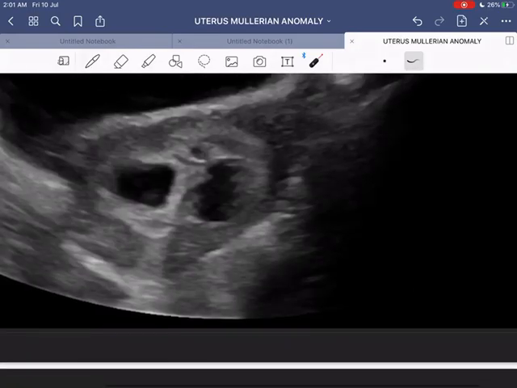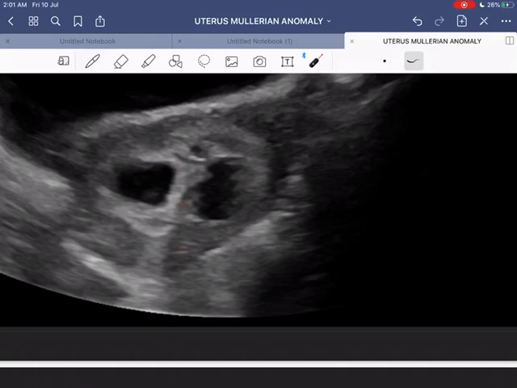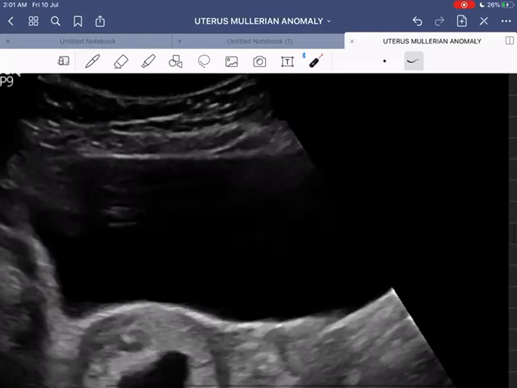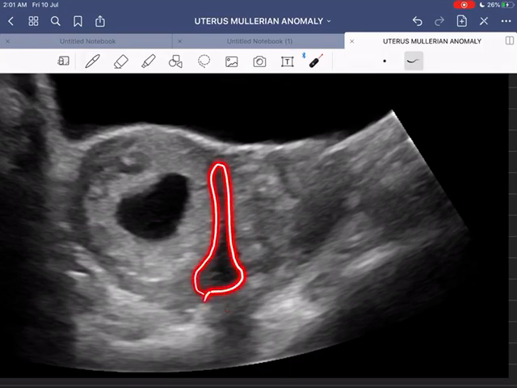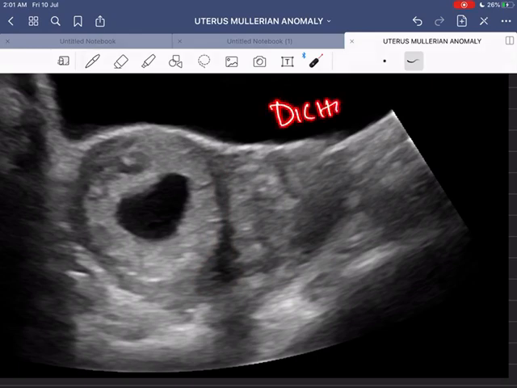Why is this important? Because the intervening myometrial tissue rules out the possibility of dichorionic diamniotic pregnancy.